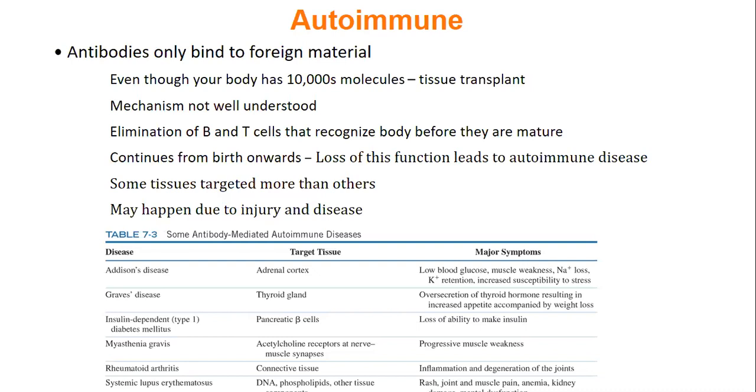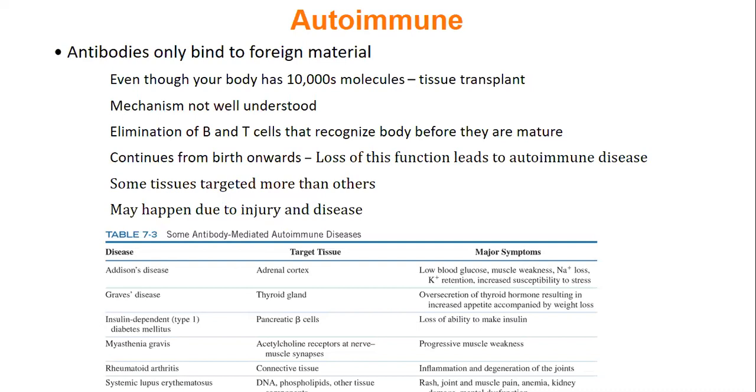However, in autoimmune diseases, your antibodies have recognized you as a foreign material by accident. We don't quite understand how this works, why your antibodies just decide, oh, like for arthritis, your connective tissue is now foreign, let's bind to it and destroy it.